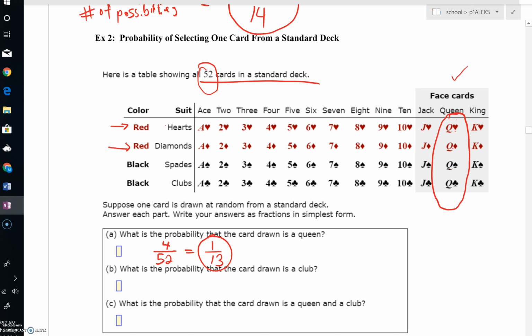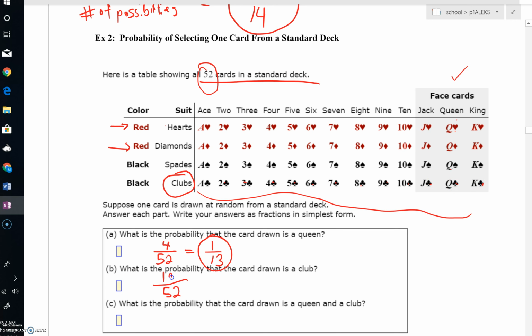Let's take a look at B. What's the probability that the card drawn is a club? Well, again, we've got 52 possible. But how many clubs are there? Well, you could even count these up if you needed to. 1, 2, 3, 4, 5, 6, 7, 8, 9, 10. Here's 11, 12, 13.